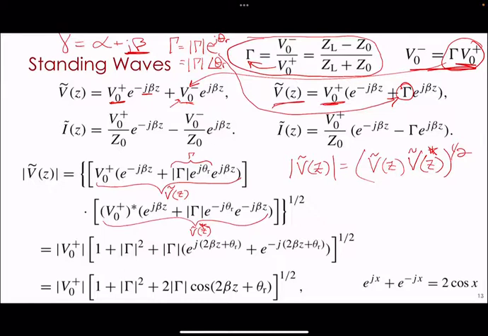So that can come out front as the magnitude of V0 plus. Okay. You're not going to have to repeat this derivation here, but it's good to understand where it comes from. Especially if you're reading the book and it'll just say that equals that, and it won't necessarily talk about the steps in between. Sometimes it's good, and sometimes it skips some.